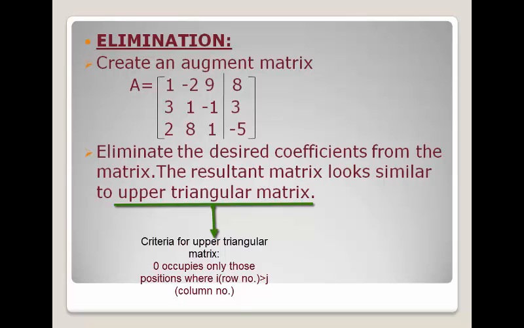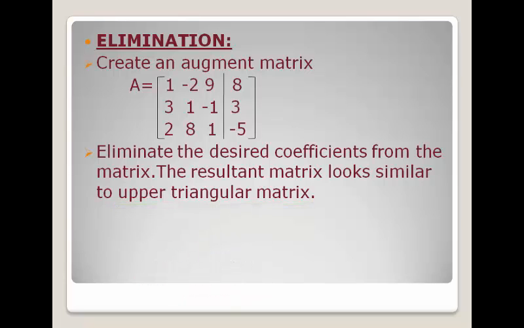Then the matrix which will be formed is an n into n matrix, and simultaneously it will be an upper triangular matrix. So now there can be a question: why will we form an upper triangular matrix? In Gauss Elimination Method, back substitution is a major step.